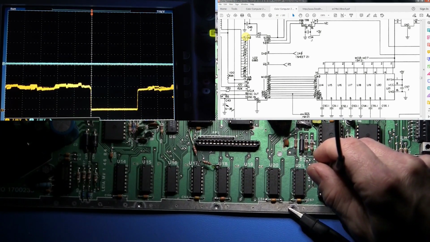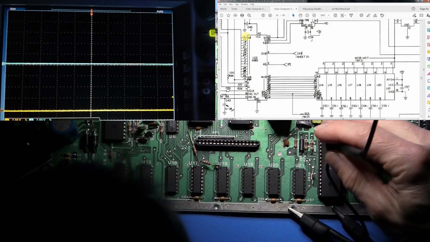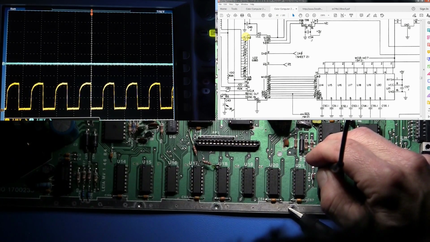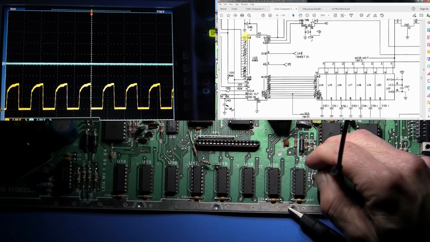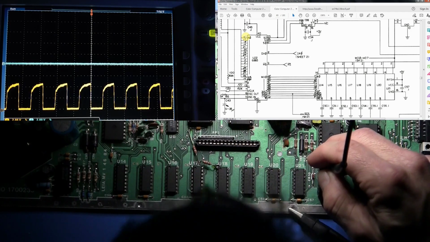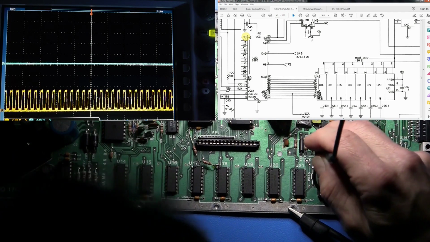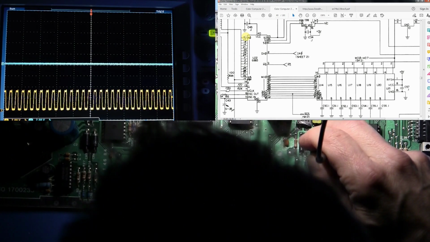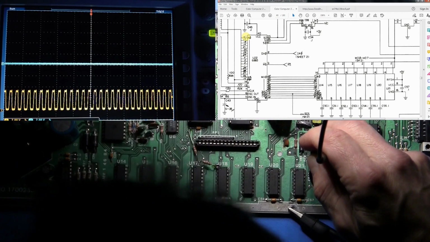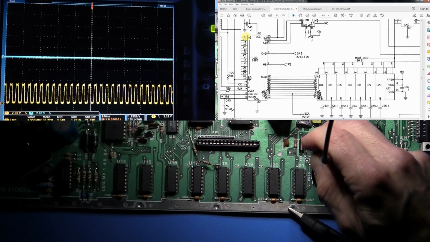Looks like it did on the other end. Let's just make sure we're getting E and Q clocks. Pin 13 is the Q, 14 is the E. We have both clocks. Okay, let's check for V clock output on pin 7. That's that guy. Okay. 3.58 megahertz approximately. That's good.